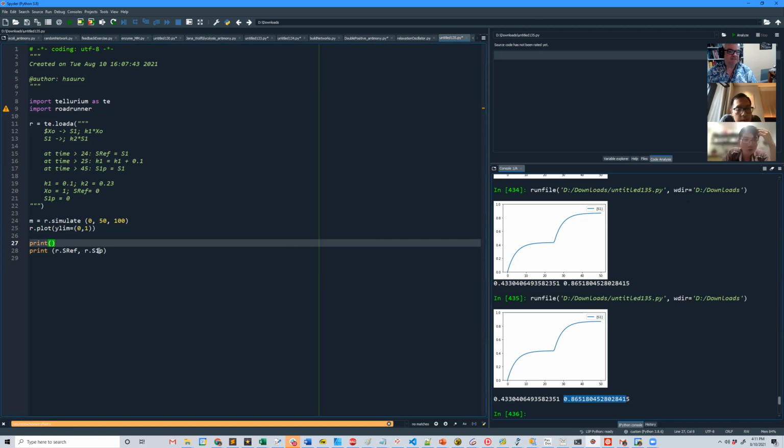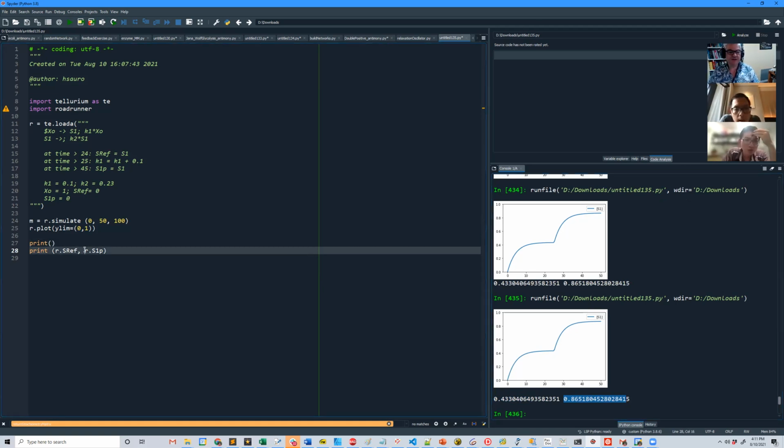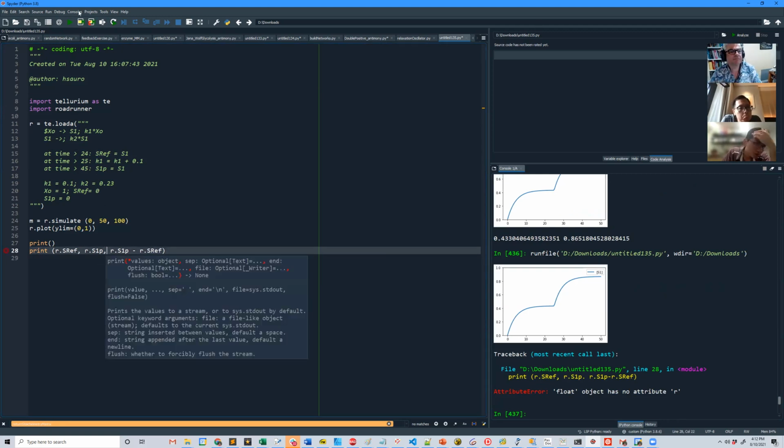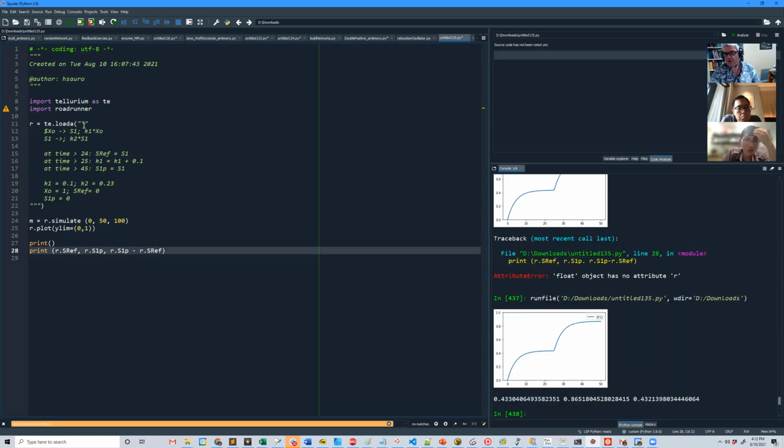Okay. I can compute the change. So I can actually also compute the delta change, which will be S1P minus sref. Oops. What didn't it like? Oh, it was a dot there, that's right. Okay, so that 0.4321 is actually the delta change.